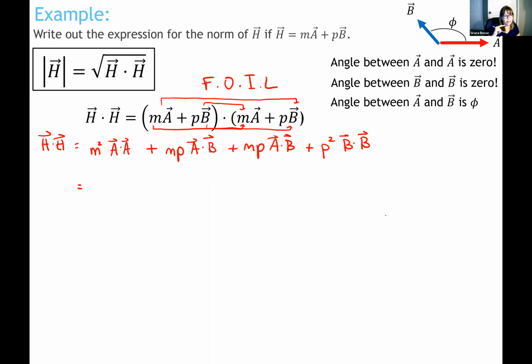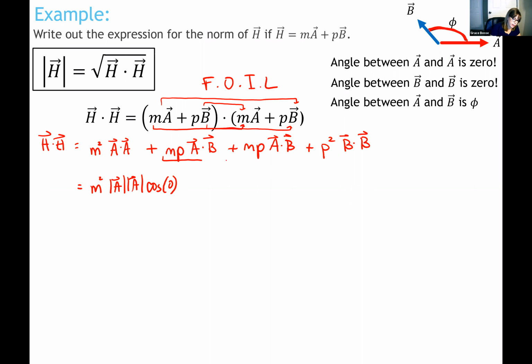The angle between a and b, you can see from this diagram up here, I've labeled it as the angle phi. So I'm just going to use that symbol phi to describe the angle between vectors a and b. So let's simplify a little bit more. I have m squared times the norm of vector a times the norm of vector a times the cosine of 0, because the angle between a and a is 0.